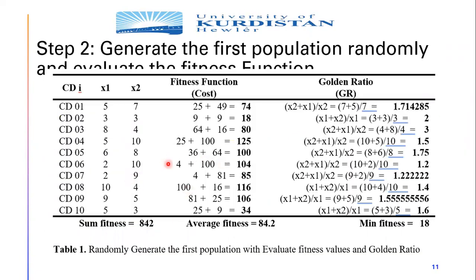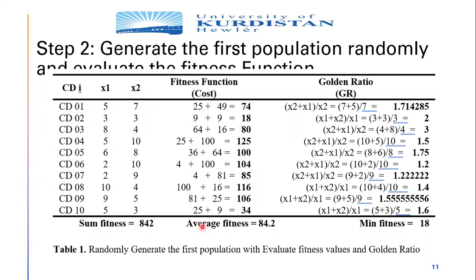So here is the algorithm. Now we took 10 drawings, 10 solutions, randomly. We have 2 dimensions x1, x2, and these are randomly chosen: 5, 7, 3, 3, 8, 4, and so on and so forth. Now we try to find the cost function, 5 squared plus 7 squared, 74, and the rest will do the same.